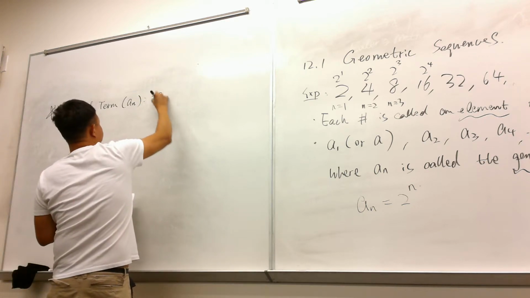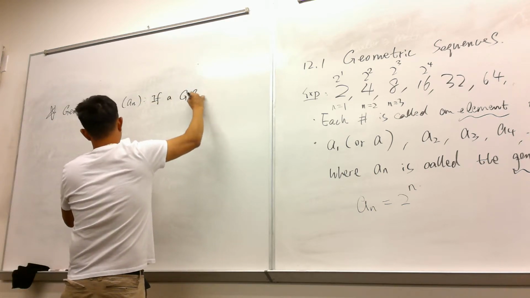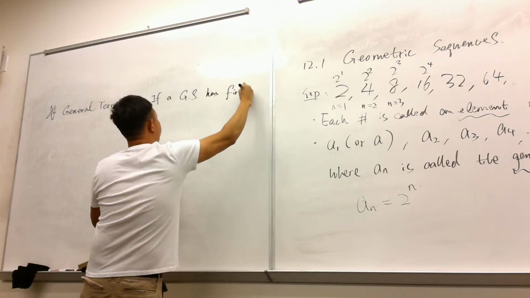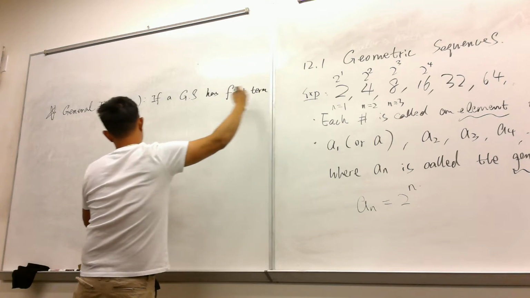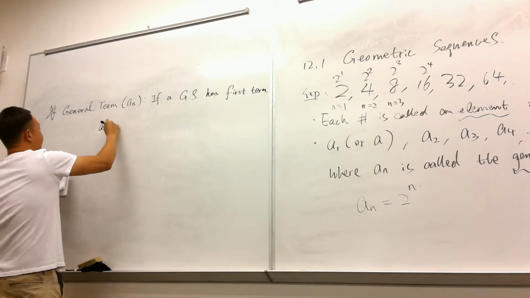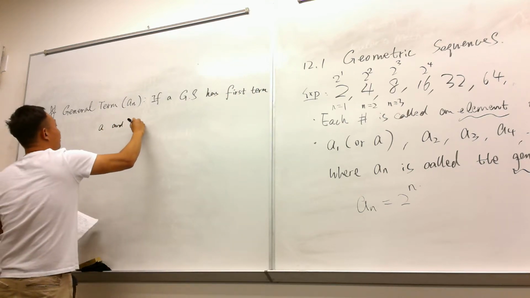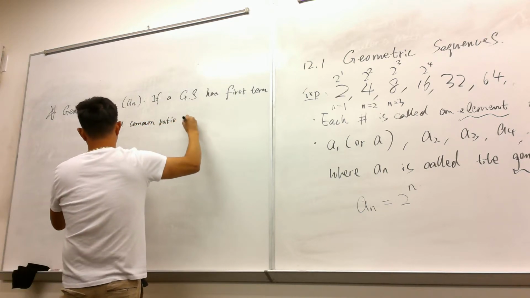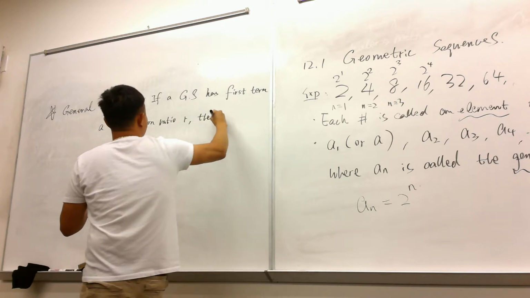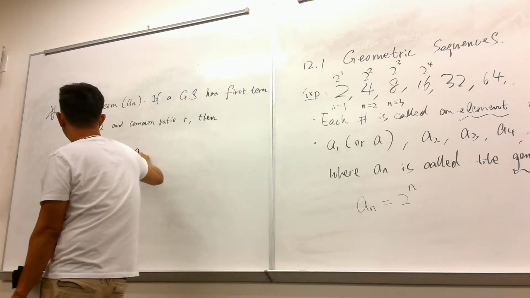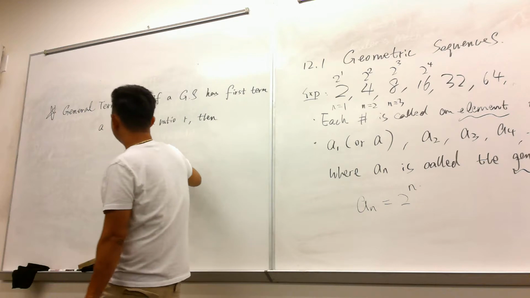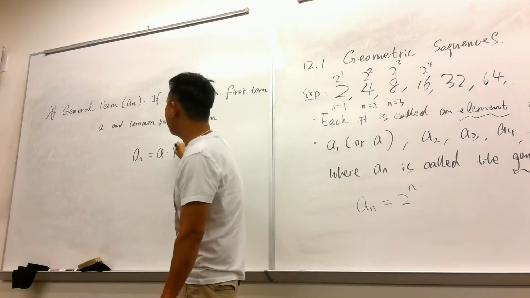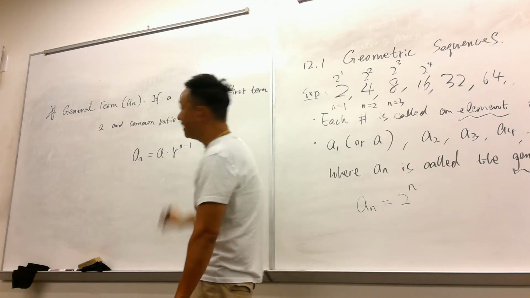If we have a geometric sequence that has first term a and common ratio r, then the general term formula is a sub n equals the first term a times the common ratio r to the power of n minus 1.